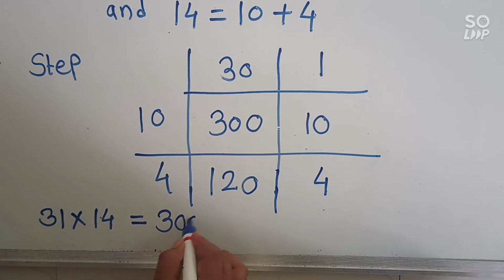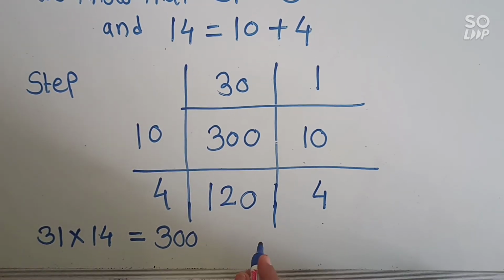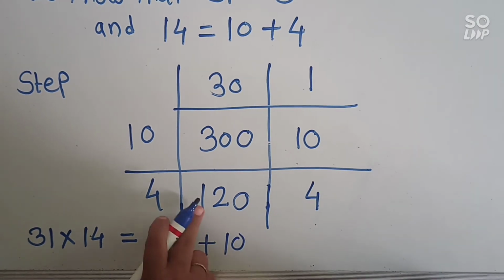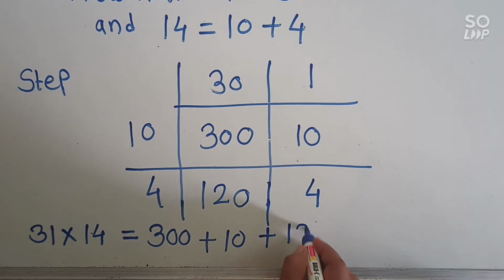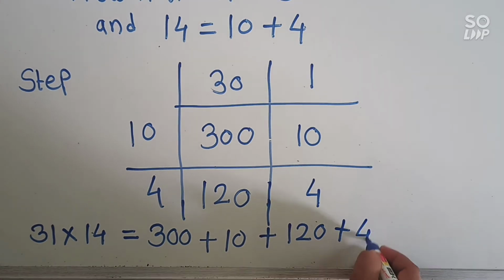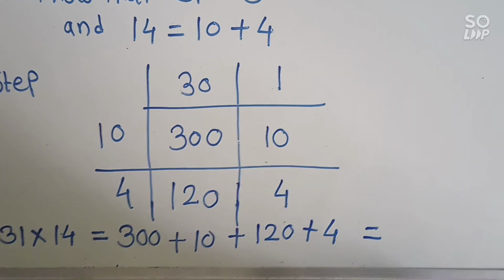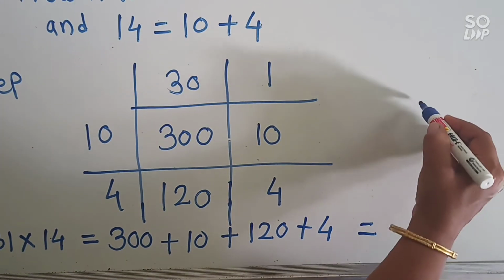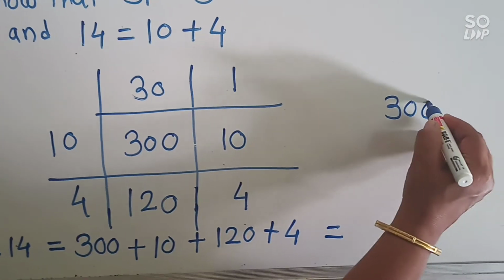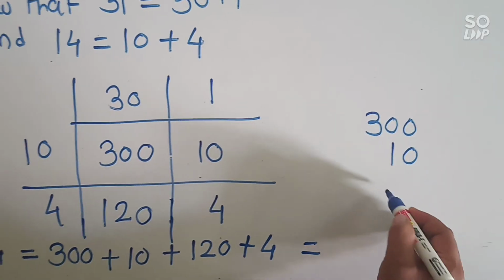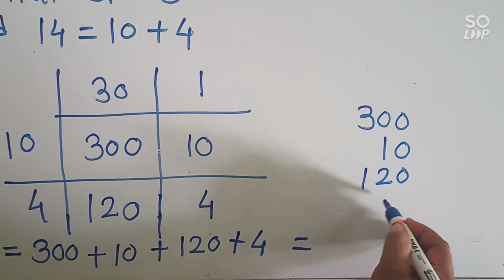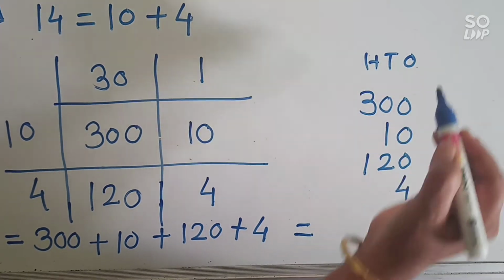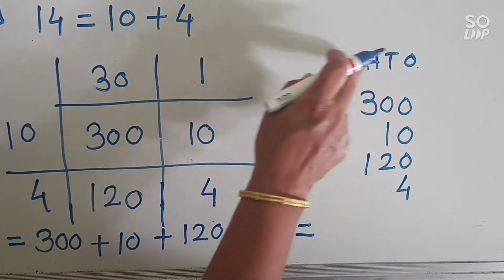300 plus 10 plus 120 plus 4. Okay, look here, in rough work 300 plus 10 plus 120 plus 4. Okay, write these numbers in proper column. Okay, ones, tens and hundreds.